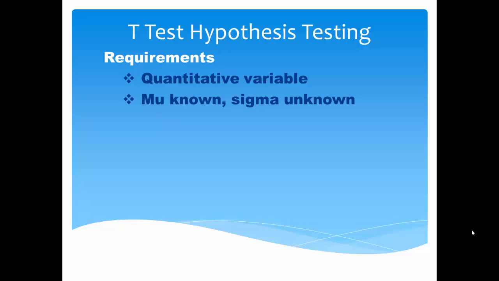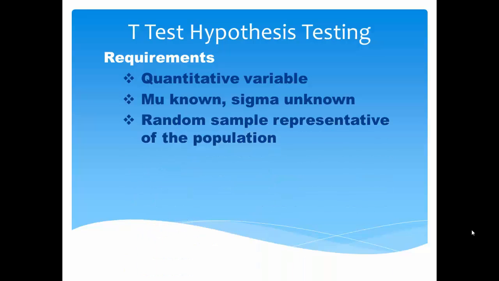When we talked about the Z procedures, we made the statement they were really unrealistic in their application to real-world problems because we very seldom knew sigma. Well, now we don't need to know sigma. So if I know mu, but I do not know sigma, I can use the t-test for my hypothesis testing.